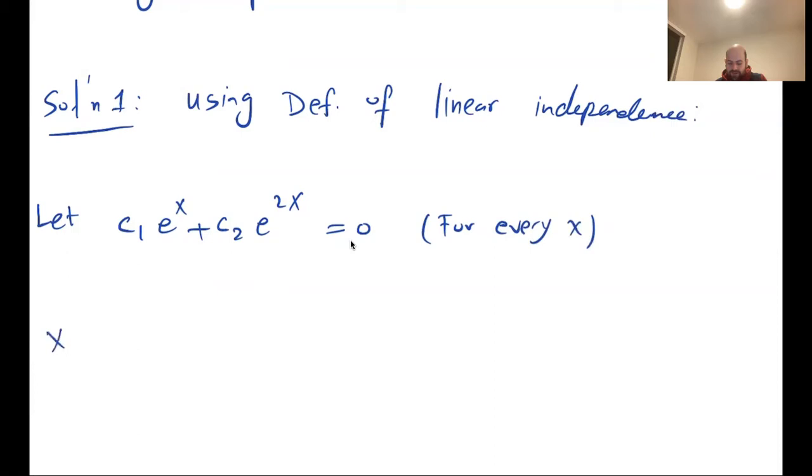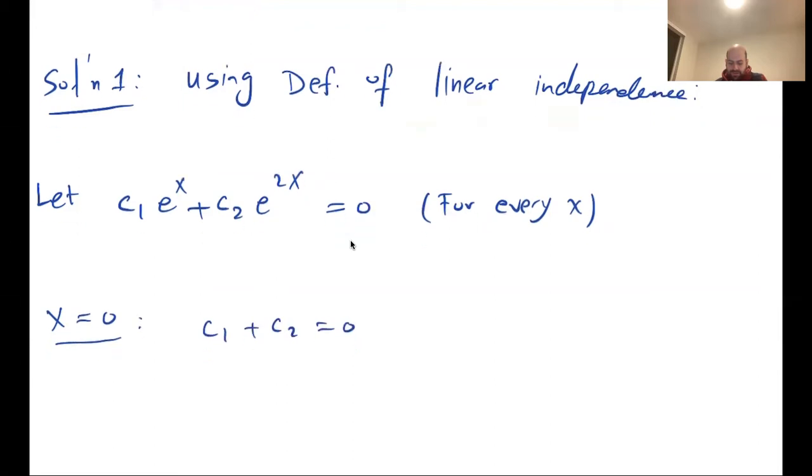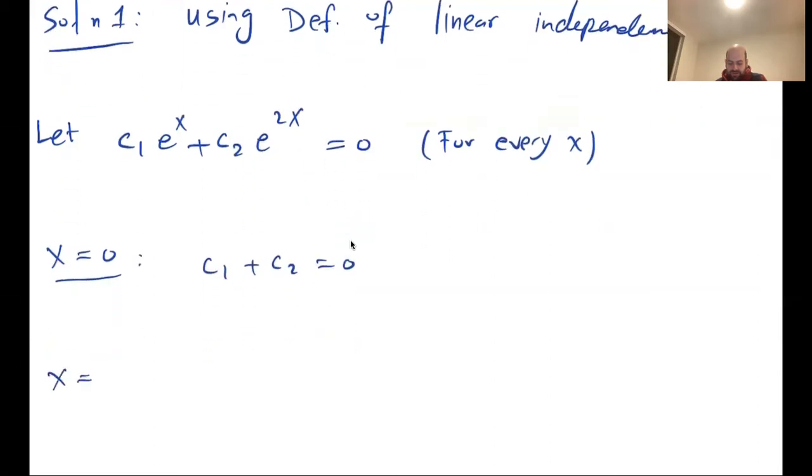If I replace x with 0, then I will have C1 plus C2 equals 0. And if I use, let's say, x equals 1, then I will have C1 e plus C2 e squared equals 0.